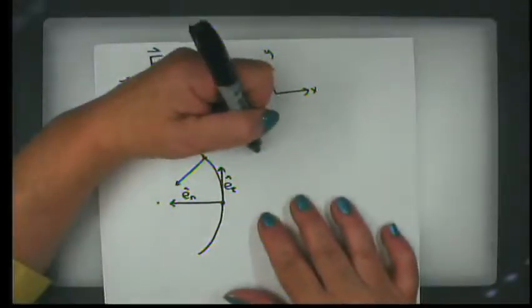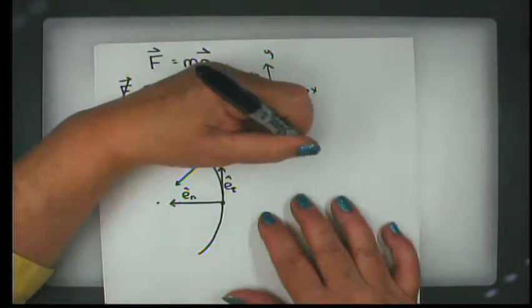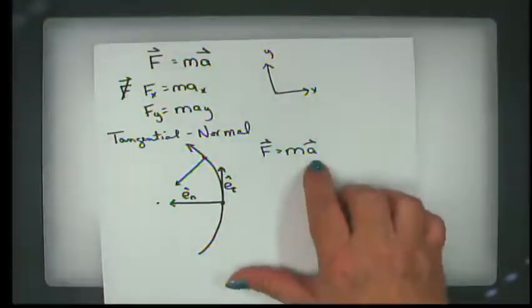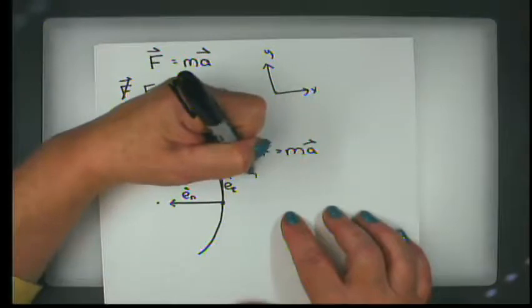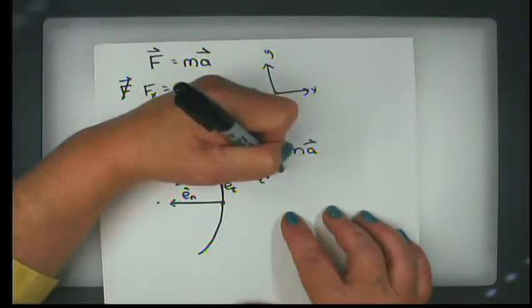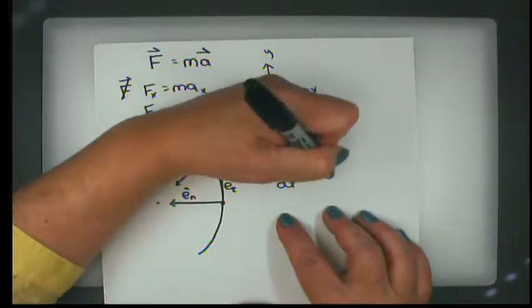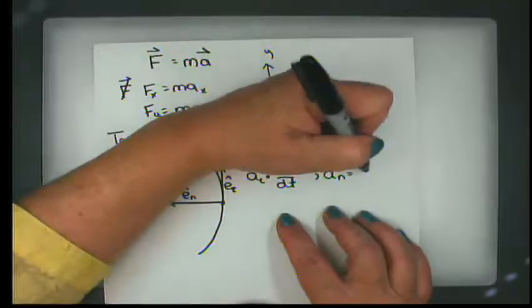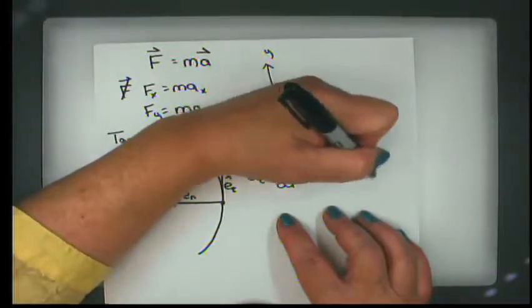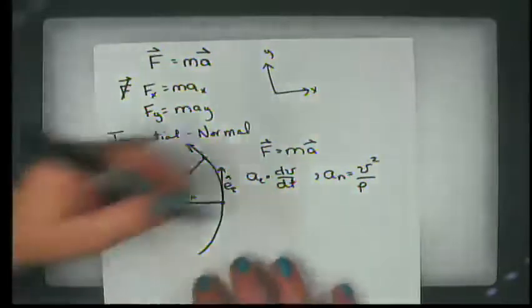So we know that force in any vector sense is always equal to mass times acceleration along the same direction, and we know that the acceleration in the tangential direction is equal to dv/dt, and that the acceleration in the normal direction is equal to v squared over rho, where rho is the radius of curvature.